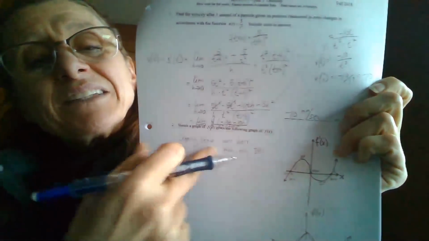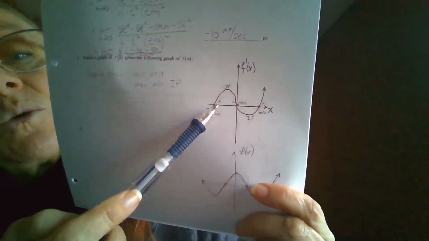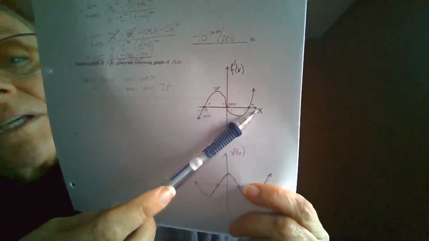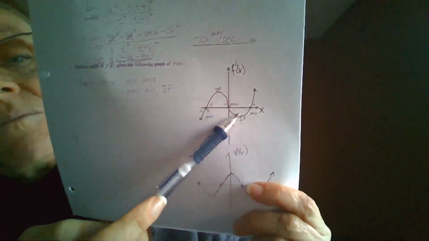Given the following. If you're given the graph of f prime, the prime here is kind of written over with my solutions, what you want to recognize is that your roots on this graph, in other words the x-intercepts, are either a max or a min.